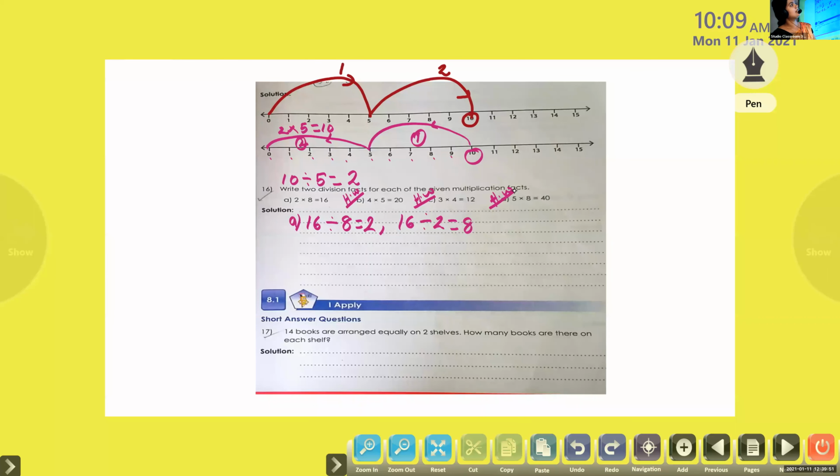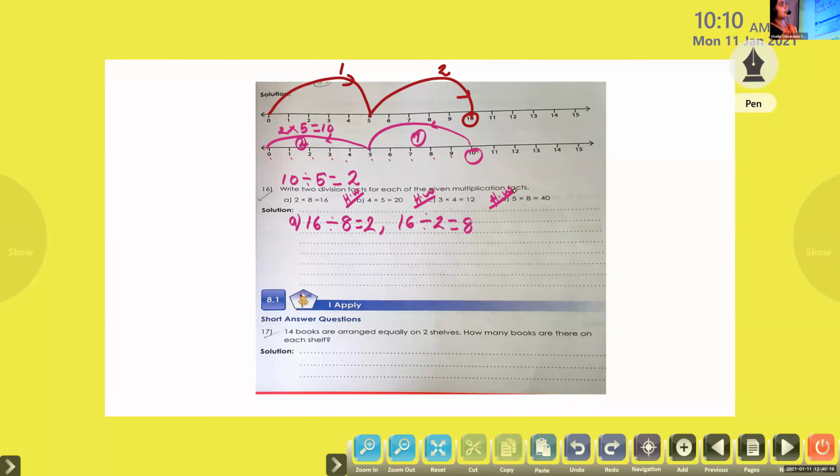I want Advaita to read. Advaita. Have you completed, my dear? This division fact? Have you written now? Write it. Write it, my dear. Only question A you have to write now.